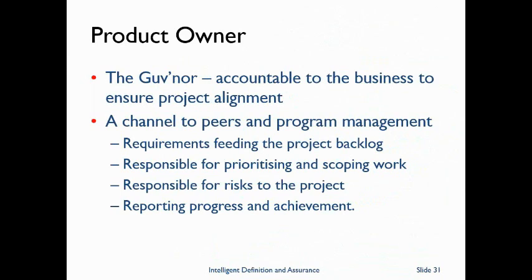business initiative. So they're accountable for the requirements that drive the project backlog. They prioritize and help to scope the work. They're responsible and accountable for the risks. And by and large, they report progress to business. And progress is not just about delivery, it's about achievement.